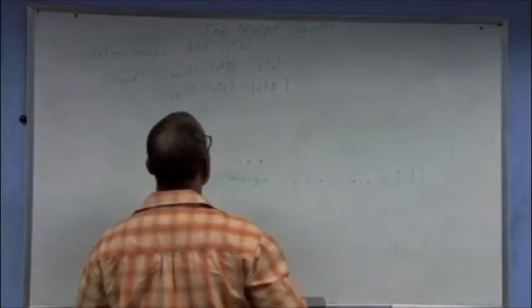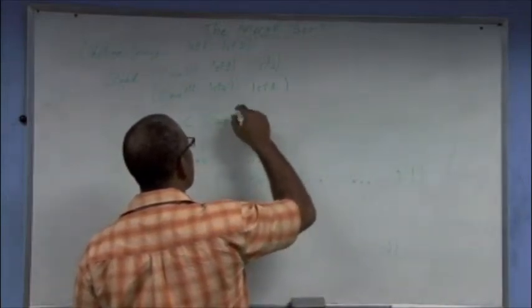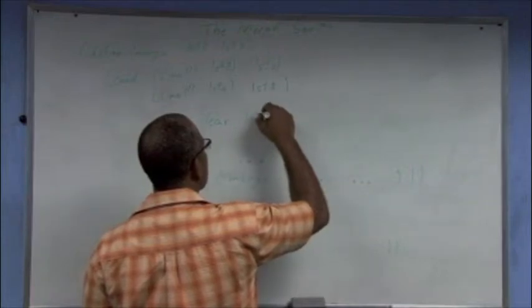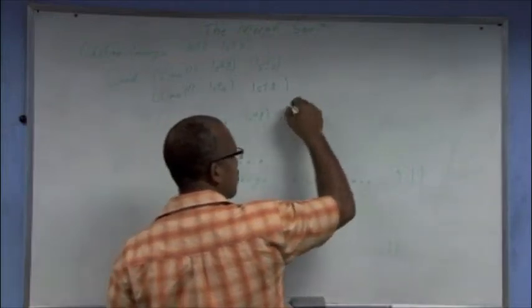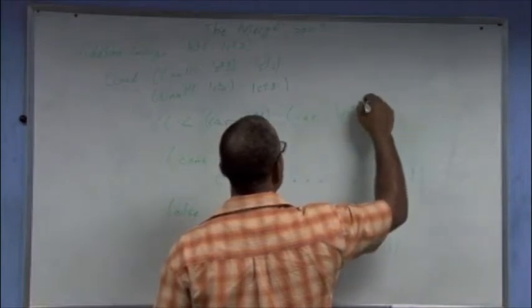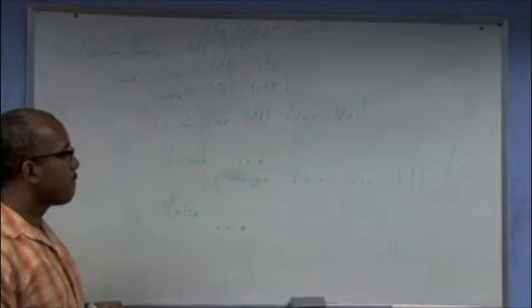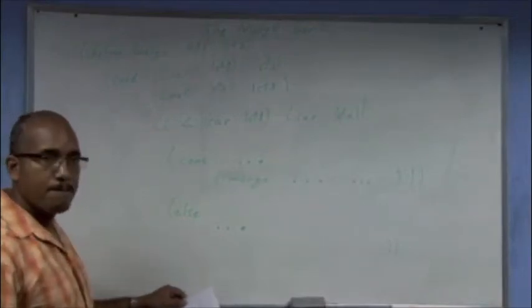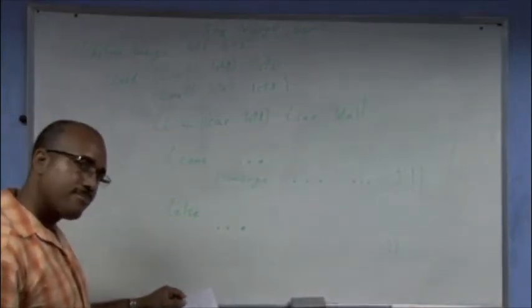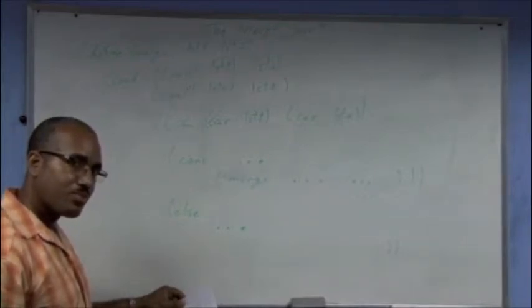So if car of list 1 is less than car of list 2, then what are we going to do? Join what? The first element from both lists.